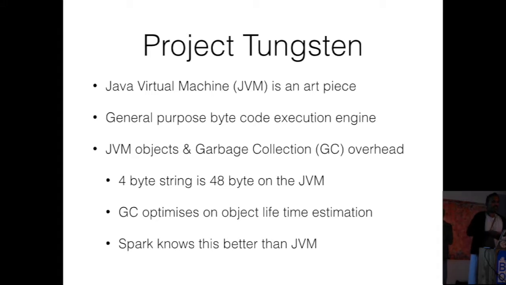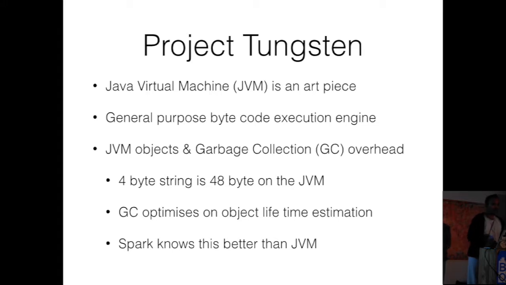And the other one is the Project Tungsten, which actually mitigates some drawbacks of the JVM, for example, garbage collection, and also object representation. So in original Java, you need 48 bytes for a 4-byte string, because all the management code takes a bit of space, and also the garbage collector is relatively good at object lifetime estimation, but Apache Spark knows it better.